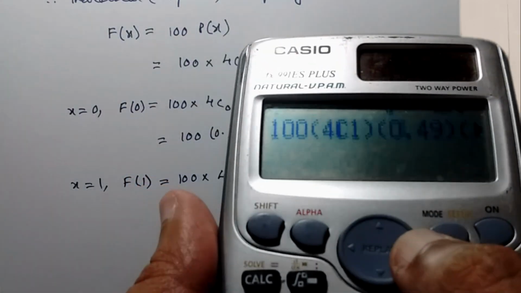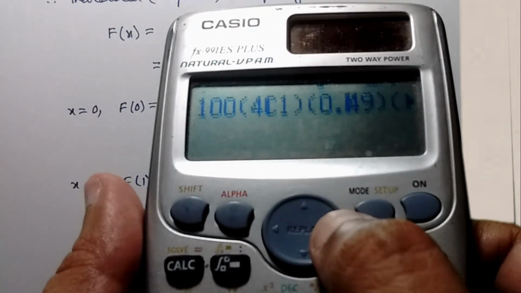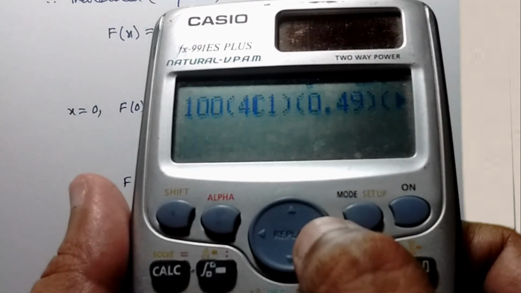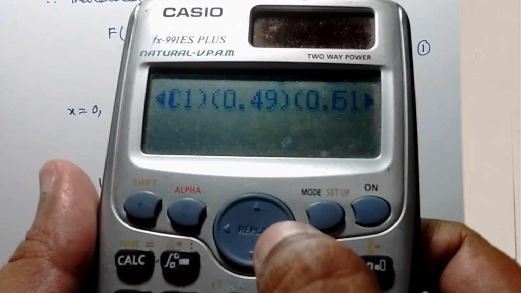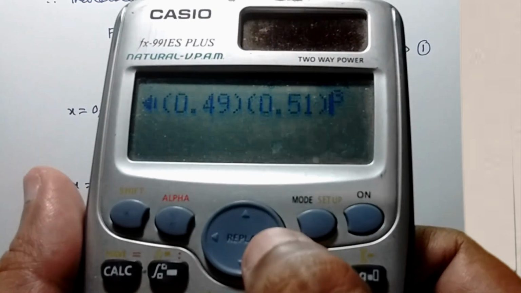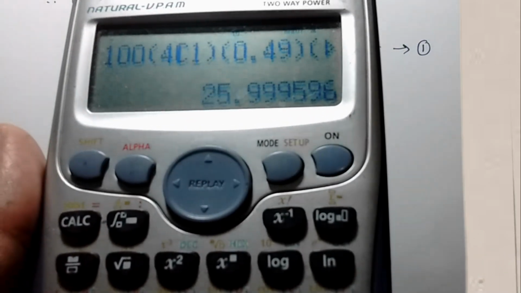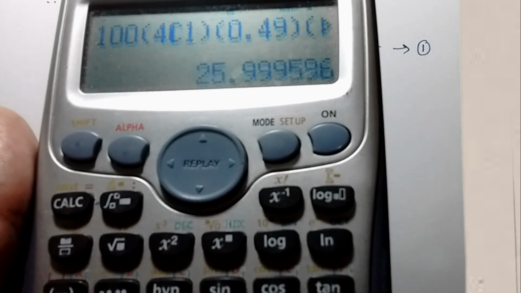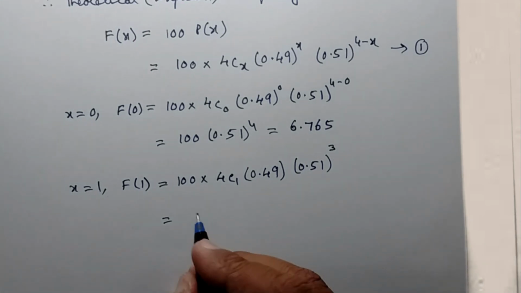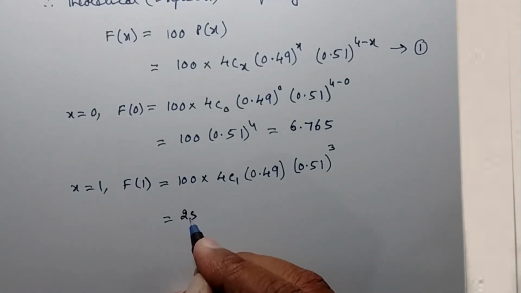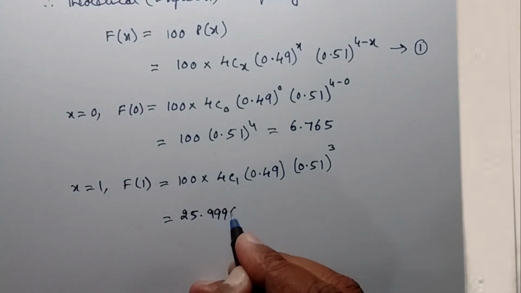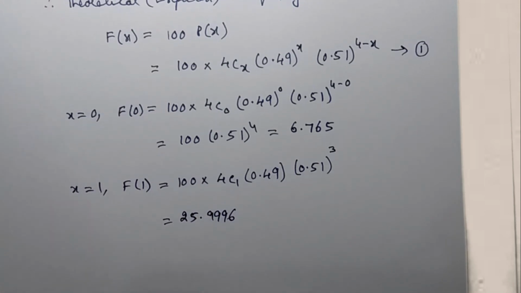You just type the values, 100 into 4C1 into 0.49 into 0.51 whole cube. Just see the solution you're getting, 25.995. So you can approximate it and write 25.996. That will be the value.